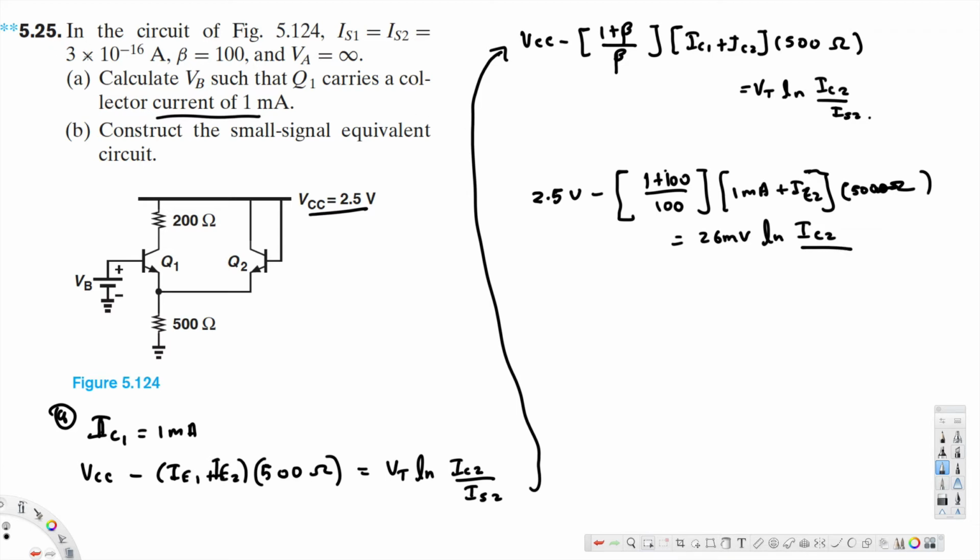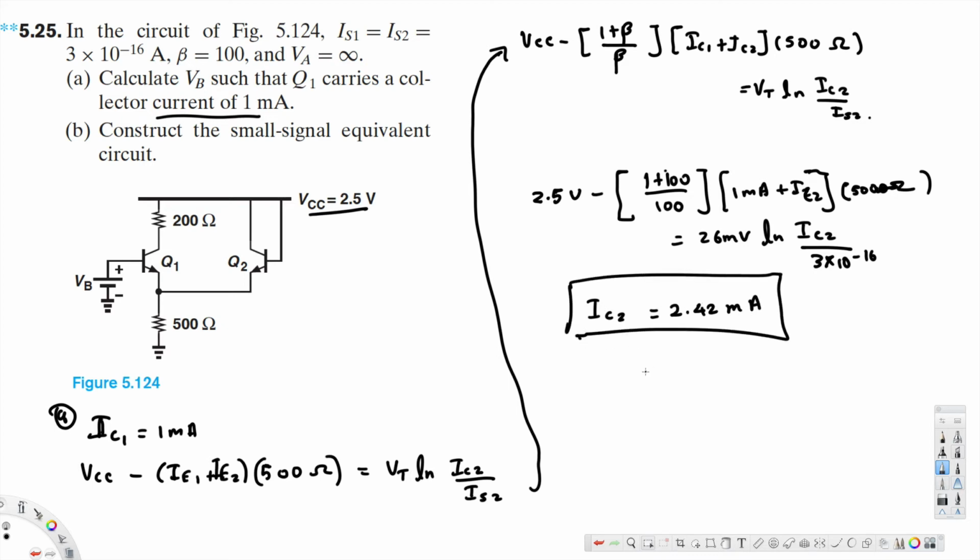IS2 is 3 times 10 to the power of minus 16 ampere. If we solve for IC2, we will get 2.42 milliampere. This is our IC2 value.